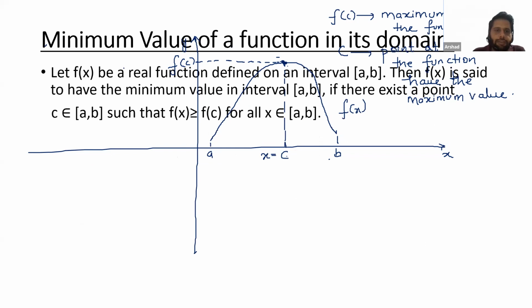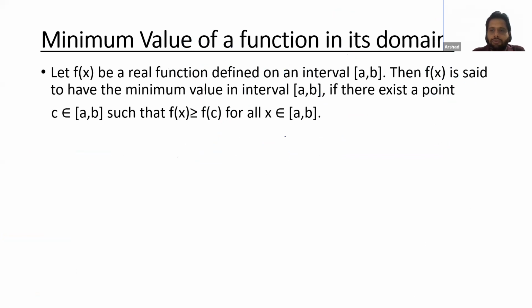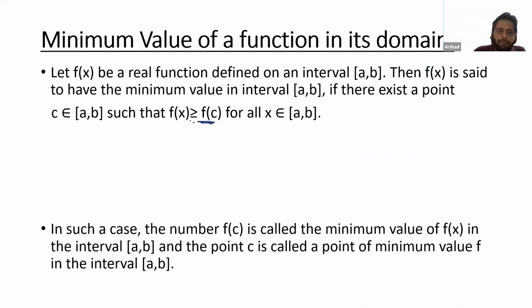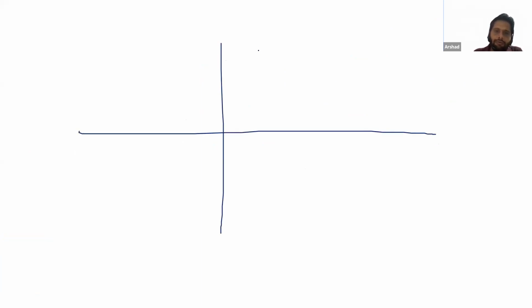Now we will check the minimum value of the function. So minimum is what? The same thing. The value is less than f(x). First of all I will draw a graph, and we will try to understand from this graph. Suppose you have this function. Suppose this is x equal to c, and you have the value of the function f(c). This is y, this is x, and this is f(x).